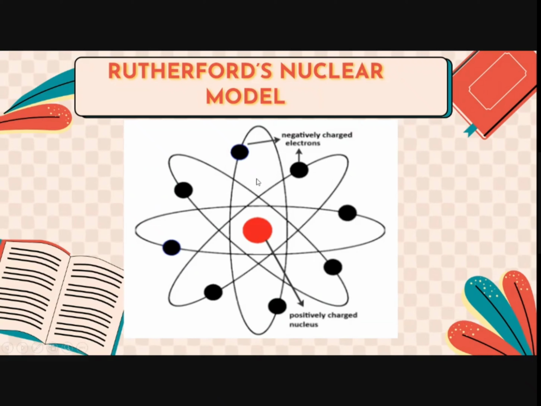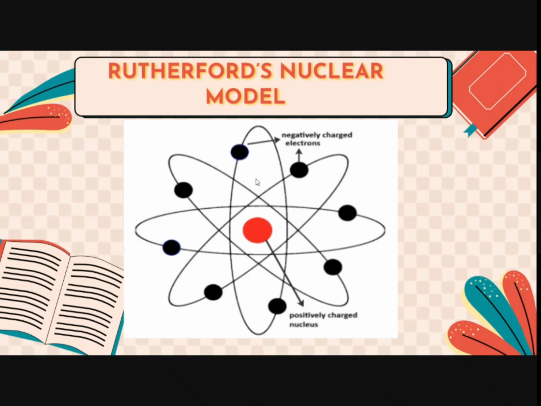In Thomson's model, there was no empty space. There was just a dense pudding which was of positive charge. There were some raisin pieces or plum pieces which had negative charge. But over here, we have a thick positively charged nucleus and negatively charged electrons revolving around the nucleus.